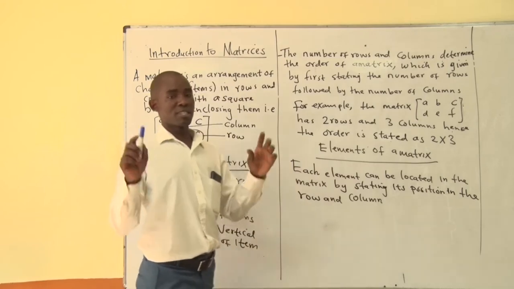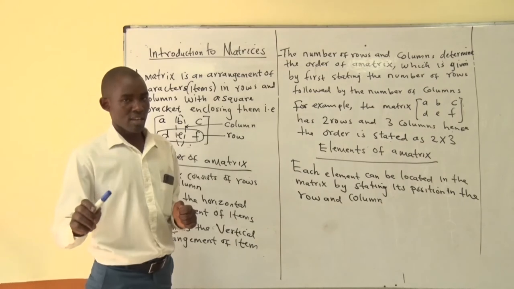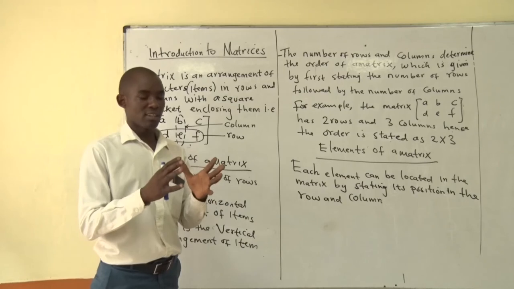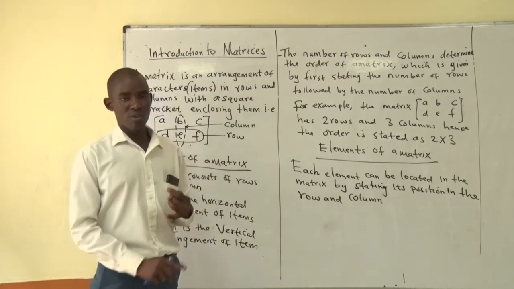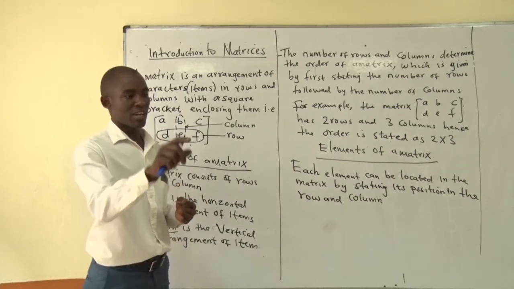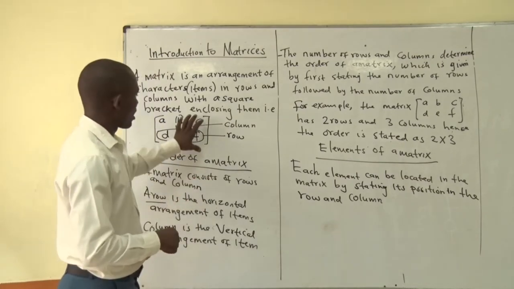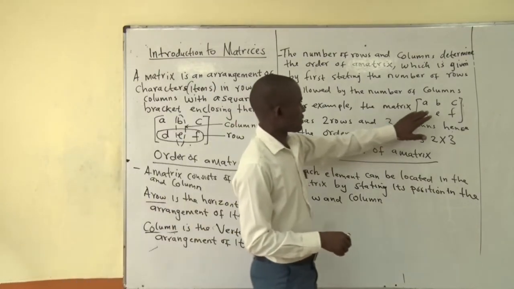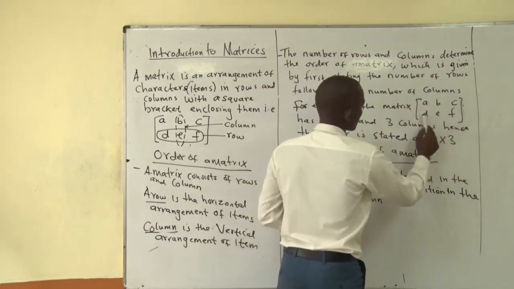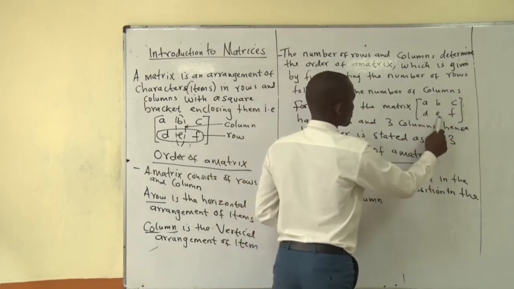So whenever you want to state the order of a given matrix, you need to establish the number of rows. Then you also need to determine the number of columns. To state the order, you start with the number of rows, followed by the number of columns, and there has to be a multiplication sign between the two. So the order of this matrix will be given by the number of rows, which are 2, against the number of columns, 1, 2, 3.